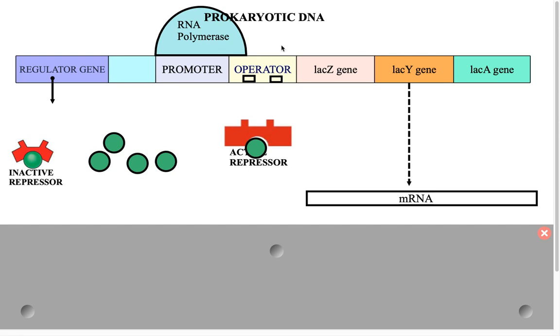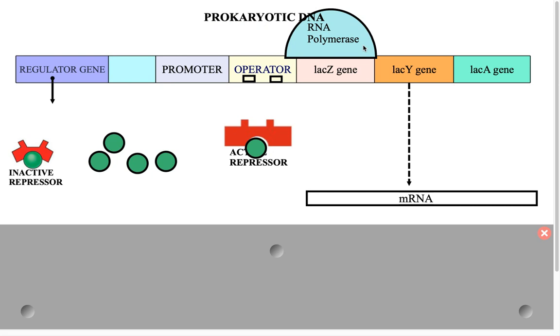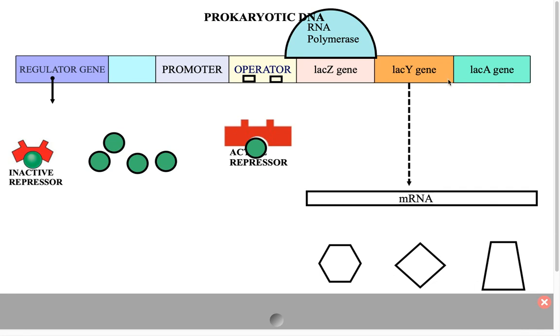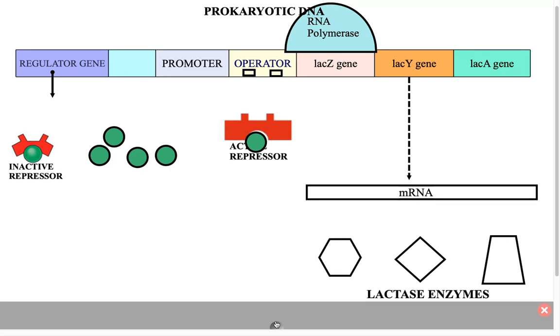Once the RNA polymerase gets to the LAC-Z gene, it is going to be transcribed into an mRNA message. And once it's transcribed into an mRNA message, it's then going to be translated into lactase enzymes.